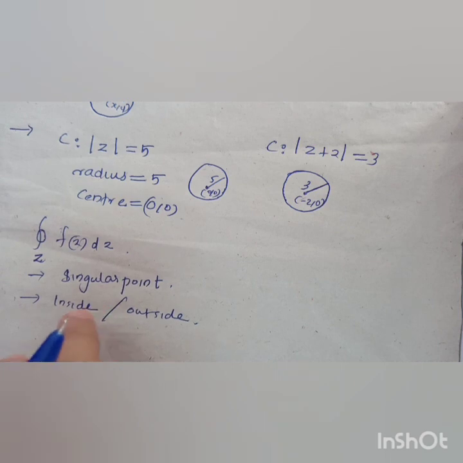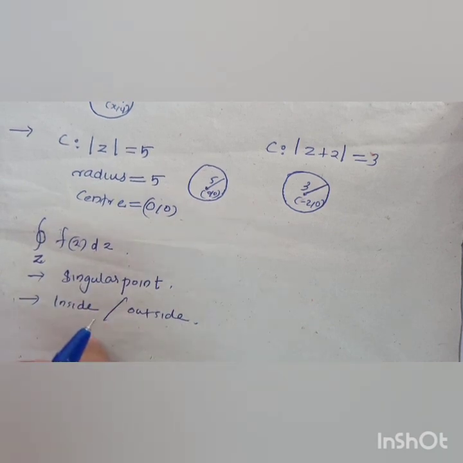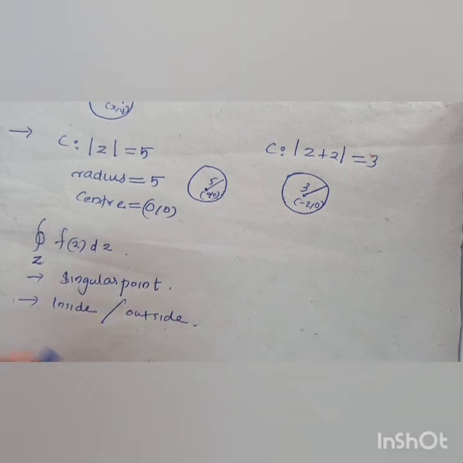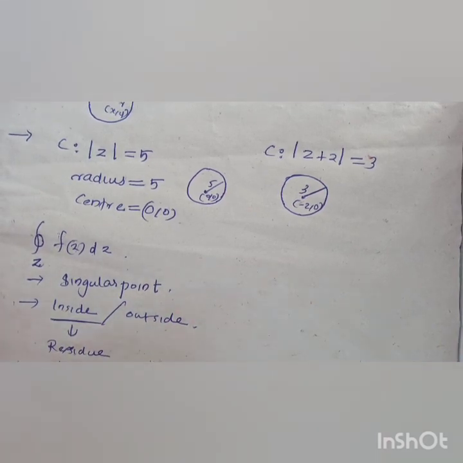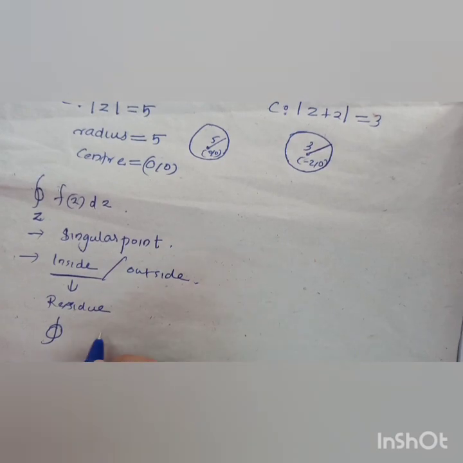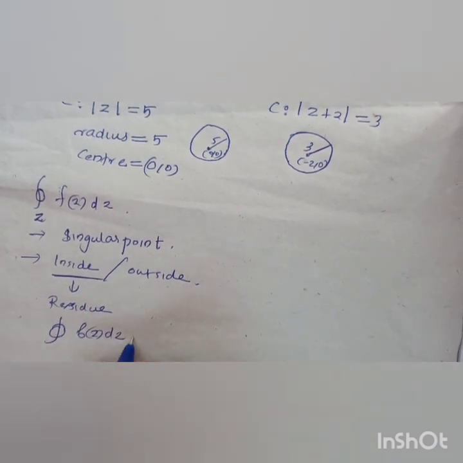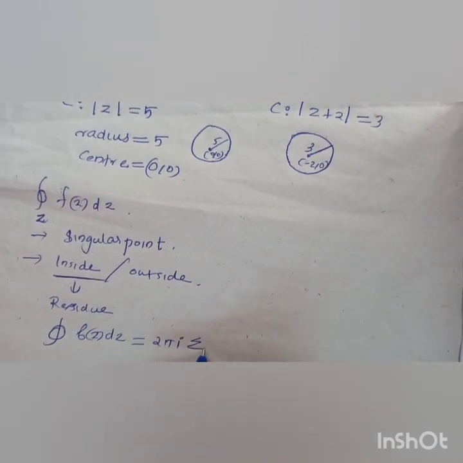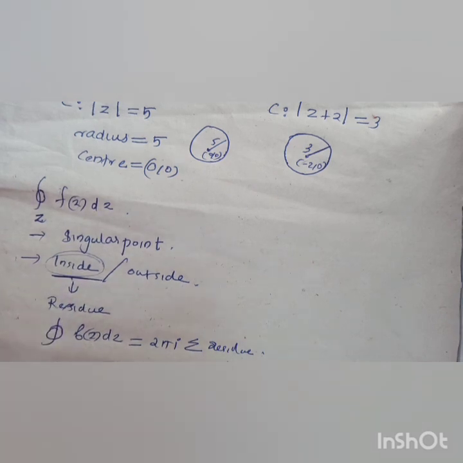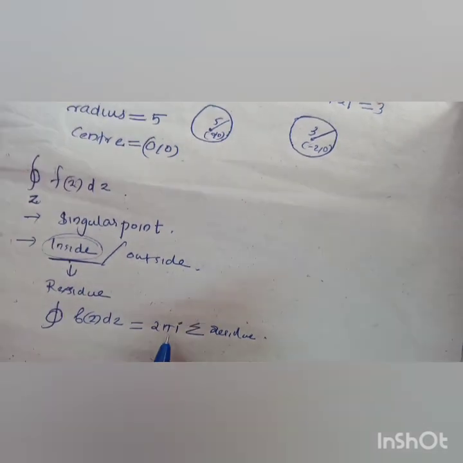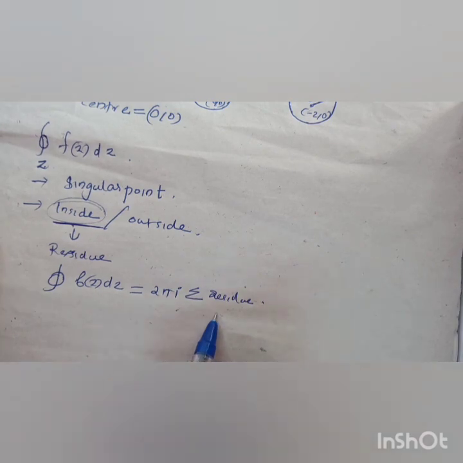Then find the residue of the singular points inside the contour, and the closed integral of f(z) dz is equal to 2πi times the summation of residues. So only the inside singular points are considered.